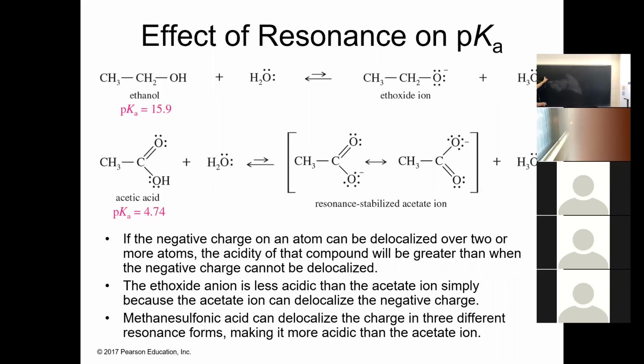So again, this negative charge can be delocalized over all three of these oxygens. This is a third row or below element, so it can exceed the octet rule. It's using d orbitals for bonding. So this is a fairly strong acid as well because the conjugate base is resonance stabilized.